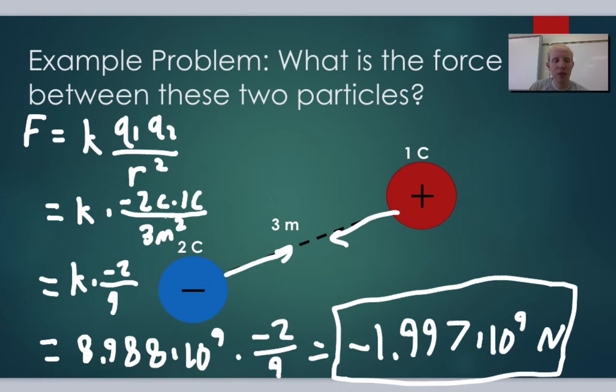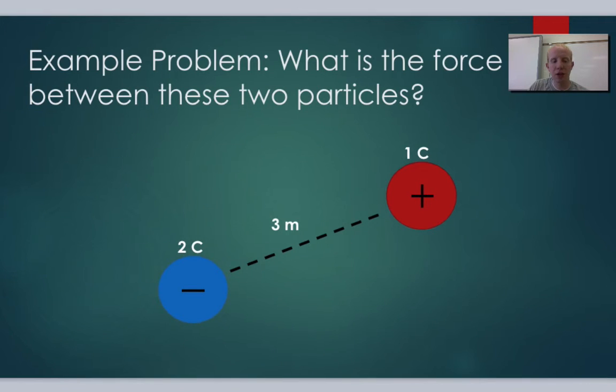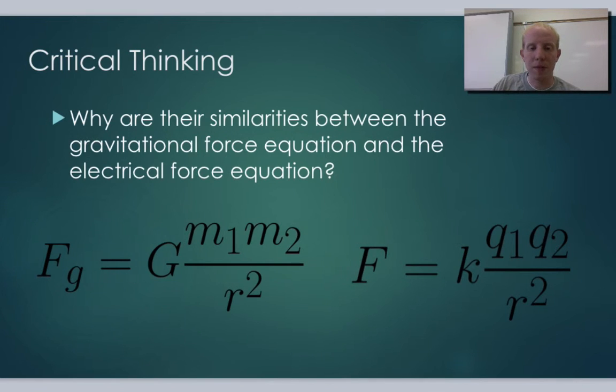So that's how you calculate the force between charges, and that's what's known as Coulomb's law, a very fundamental equation in electricity. But I want you to think about something. Why do these things behave so similarly? Why do they have the same properties? Why don't they behave in totally different ways?